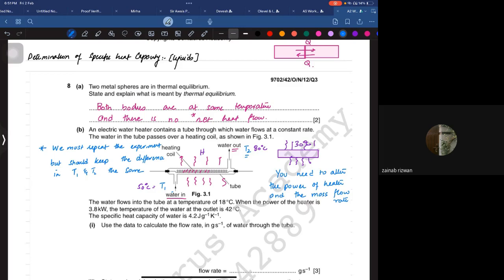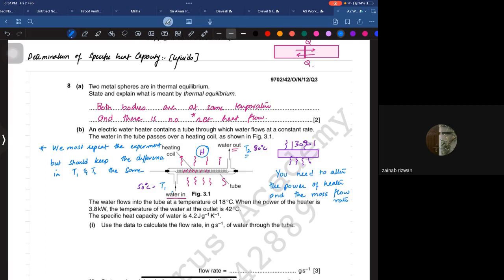So for a greater mass flow rate, you need greater power of the heater as well, so it heats it up with the same value of 30 degrees. Do you guys understand that? This is just an example. This way, each time you change the mass flow rate and the power, the heat loss would stay the same as the temperature change stays the same. And we got to do that.